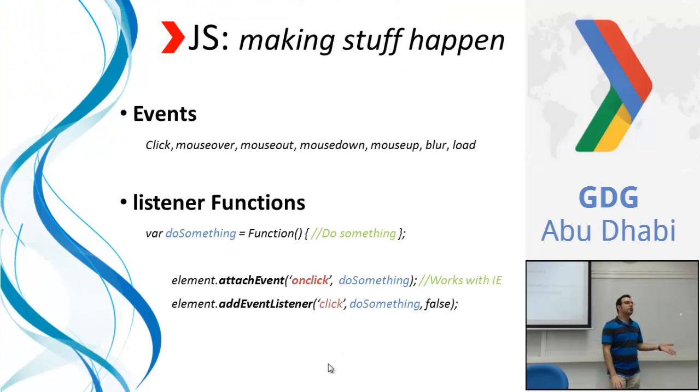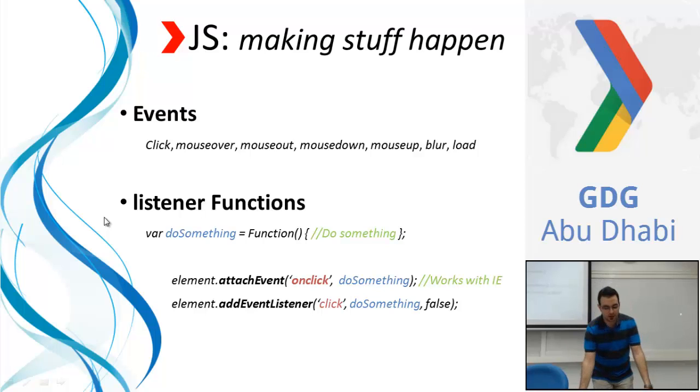So that was how you grab the elements inside the page. But what about events, like as you saw before in the inline onclick? How do you say when you click on that element, I want you to do this or that? So here is an example of event listeners or listening functions.